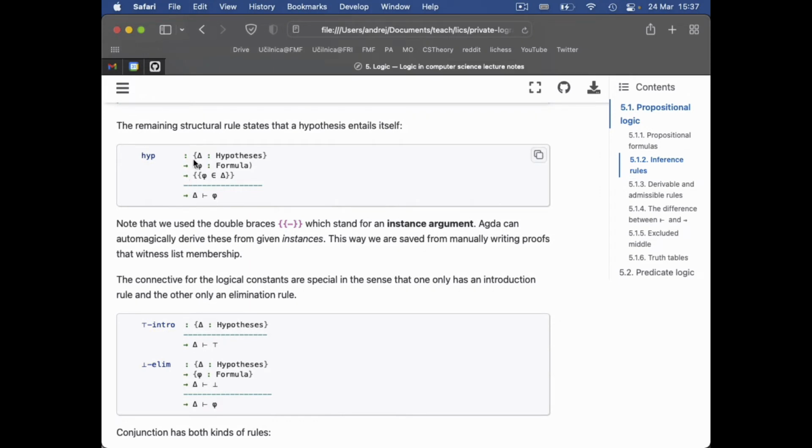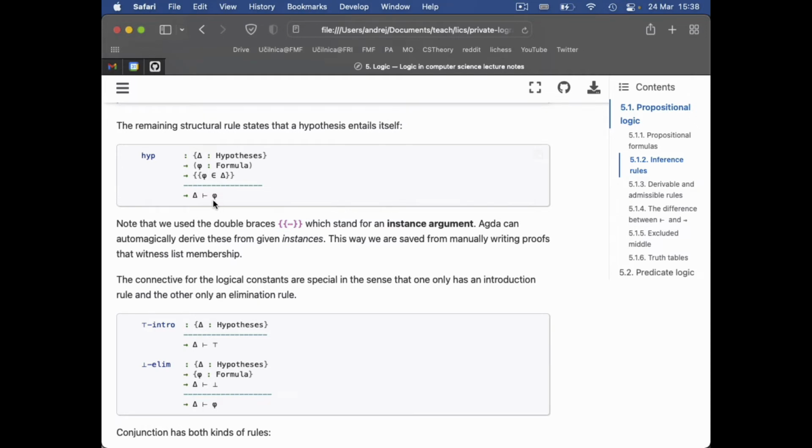This one says, if a formula appears among the hypotheses, then it holds. And it reminds you of which rule? It says, if something appears in a list of hypotheses, then you get it out. Well, that's the variable rule, right? It looks a lot like the variable rule.